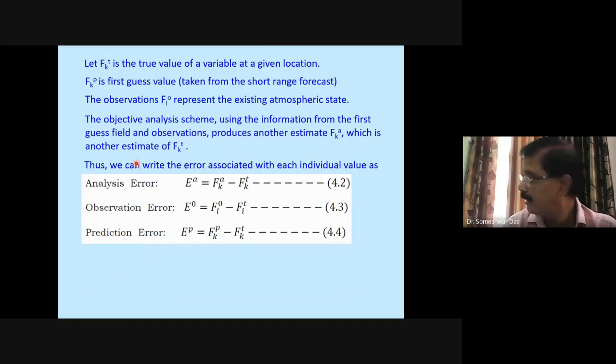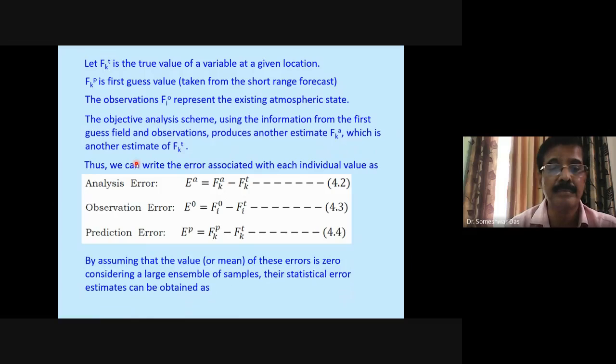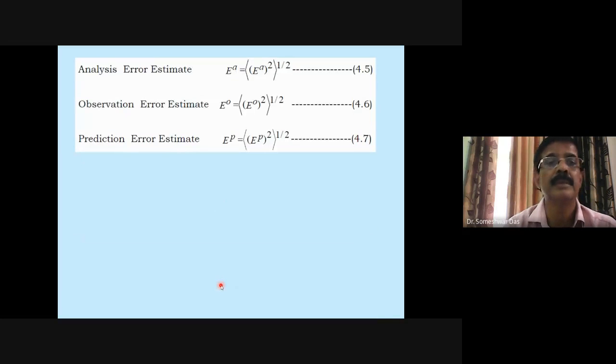See, in this scheme, you can see how we try to minimize this in an ensemble sense, using the least square technique. By assuming that the mean of these errors is 0, considering a large ensemble of samples, their statistical error estimates can be obtained as follows.